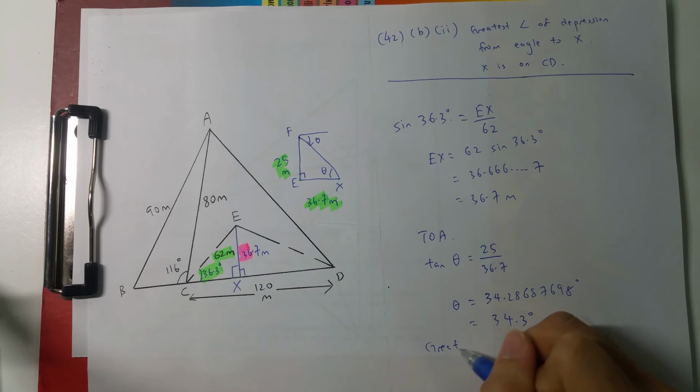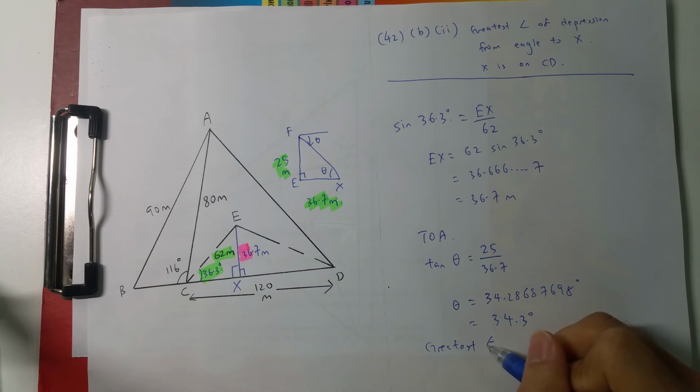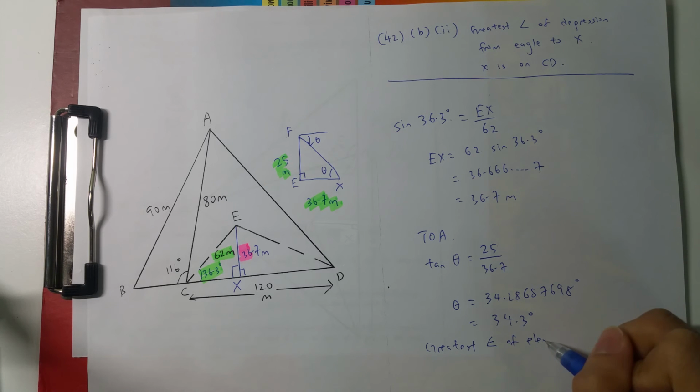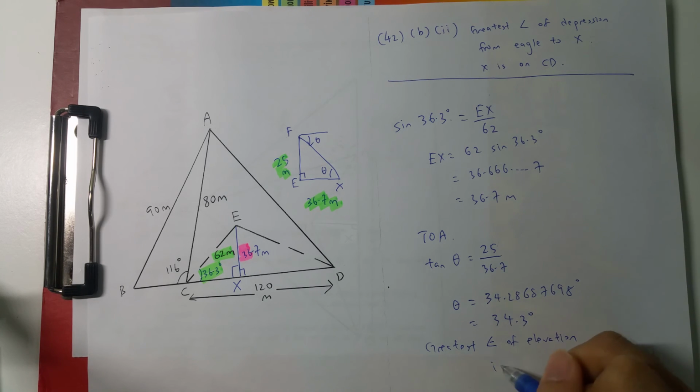Therefore, the greatest angle of depression is 34.3 degrees. End of question 42, B part 2.